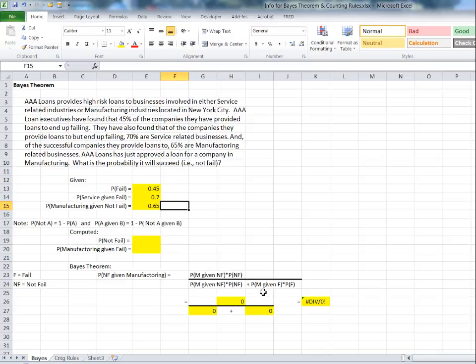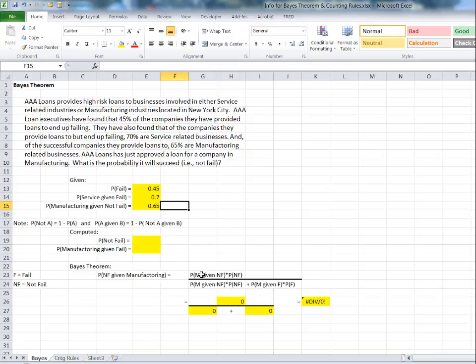Probability of manufacturing given failure times the probability of failure. So that would give us manufacturing and failure. This would give us manufacturing and not fail. Adding those two together would give us the probability of manufacturing, which is the denominator we need. Okay, so do we have that?